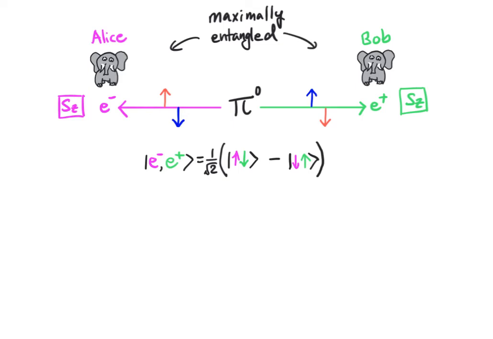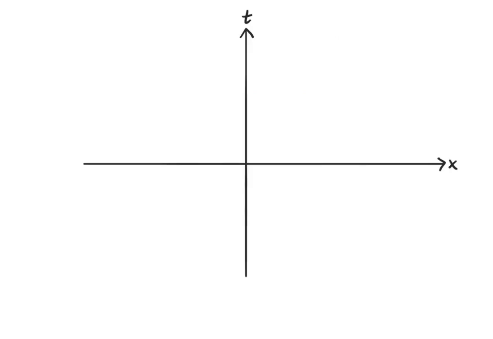In fact, it gets worse. Consider a particular reference frame in which Alice measures the spin of her particle at this particular space-time coordinate, and let's say that she finds hers once again to be spin up. And in this reference frame, perhaps Bob measures the spin of his particle and finds that it's spin down a short time later, a large distance away.